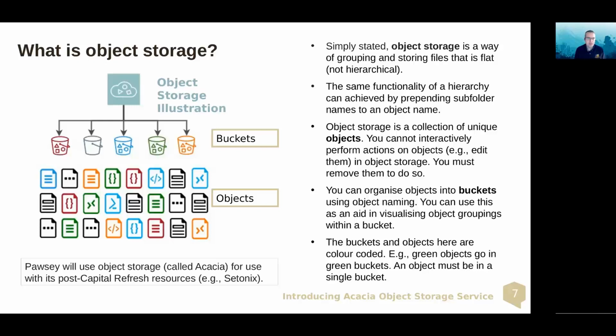So how can we then approximate a hierarchy? What you do is that the name of the objects themselves, so every object has a name associated with it. The object name is flexible enough so that you can prepend a subfolder, even though it's not really a folder. You can prepend the name of a subfolder followed by a / to the name of an object.